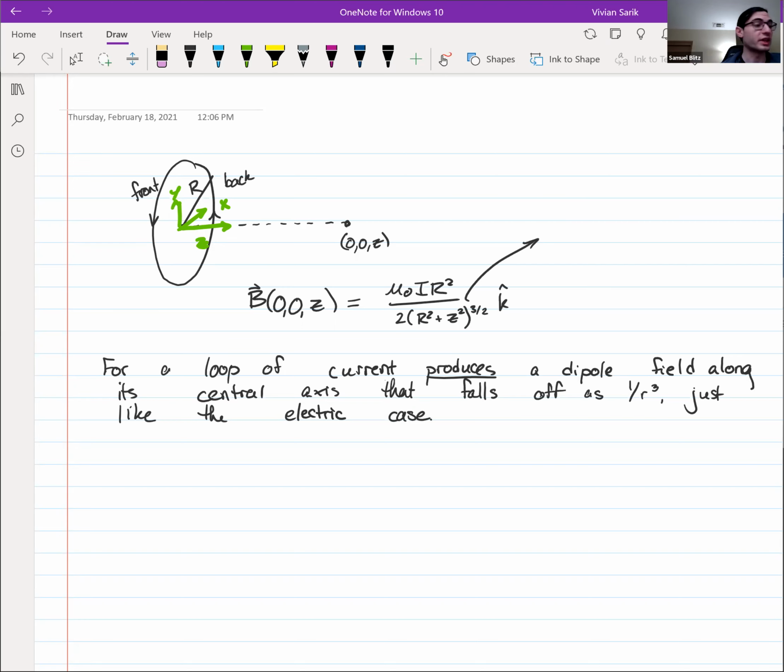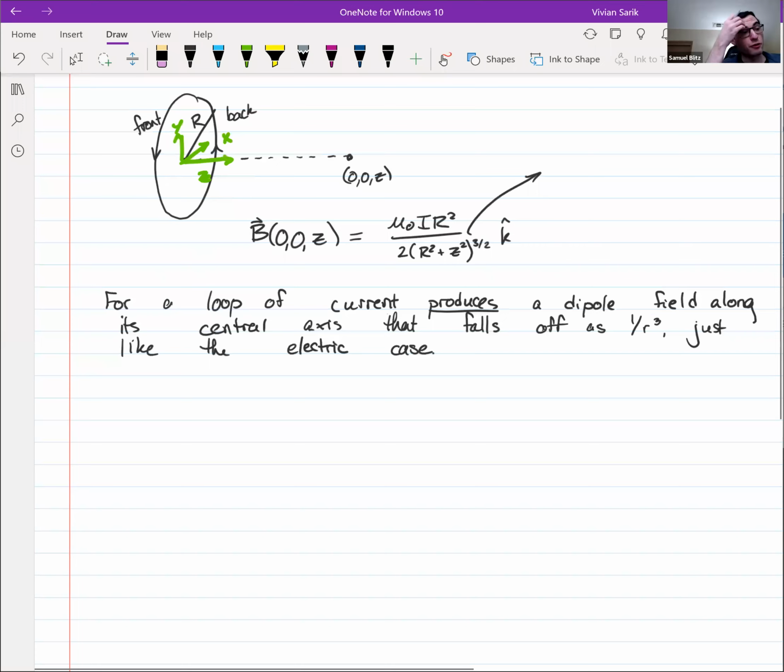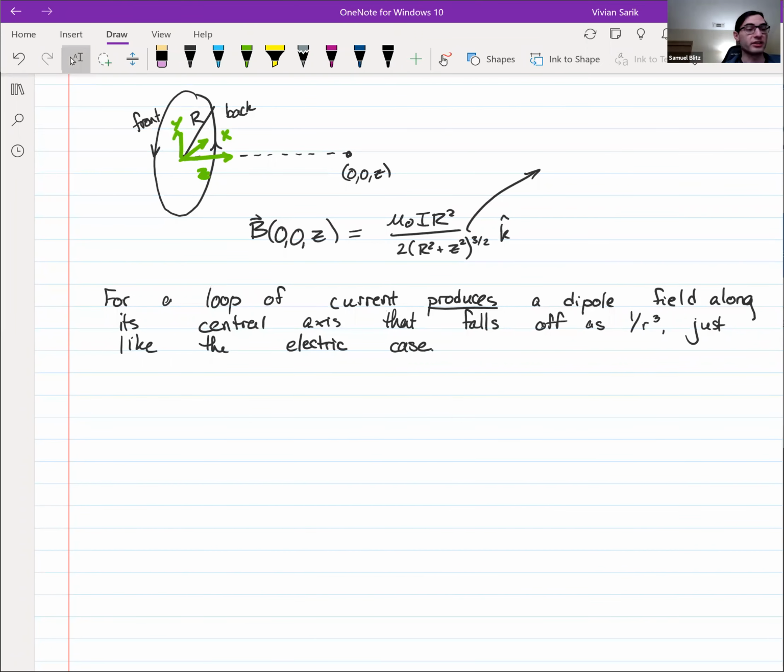Further, another point that's useful to reference is that the field along the axis of rotation, like along this axis, points in the same direction as the area vector, right? So remember, the area vector for mu is the vector that points perpendicular to the loop.